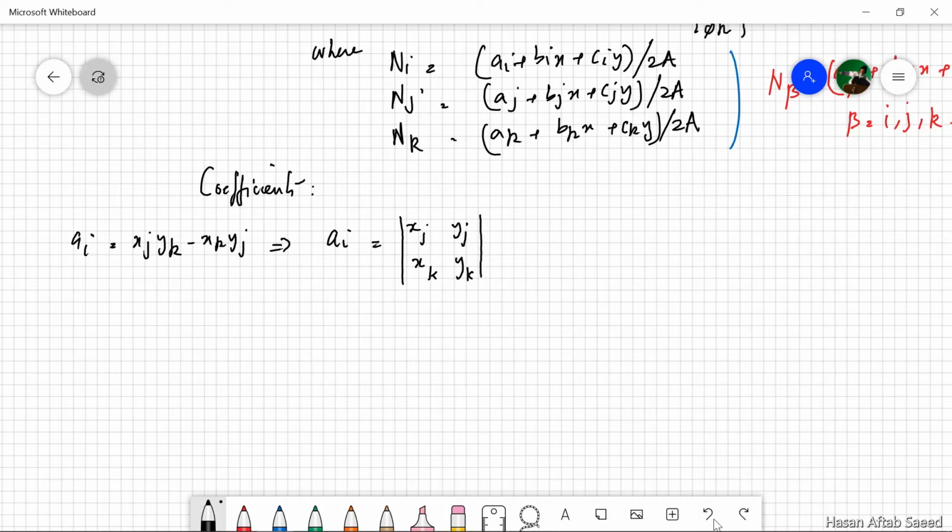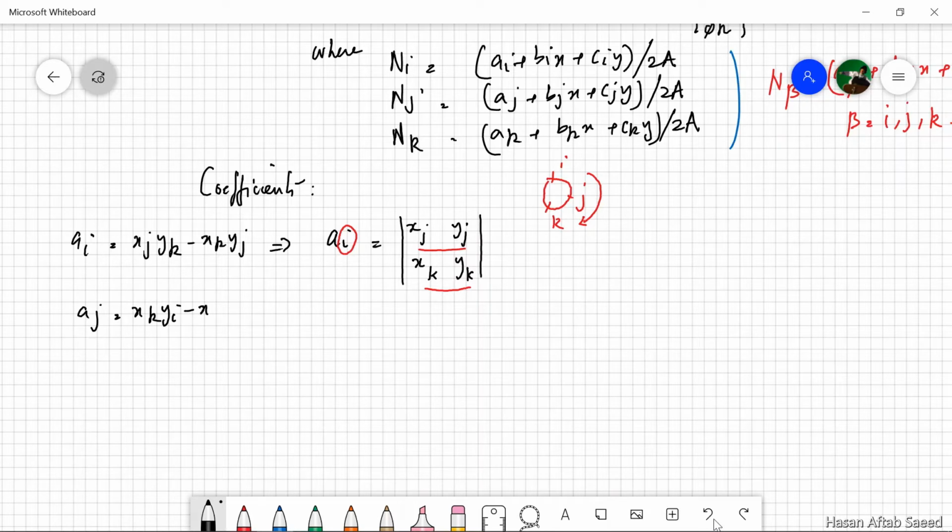On the left you have an x column, on the right you have a y column, and the subscript for a is i, and you go from i to j to k in a clockwise manner. So if there's i here, then the next should be j, and then the next should be k. And similar expressions can be written for other coefficients.